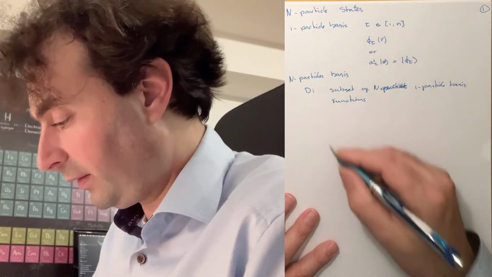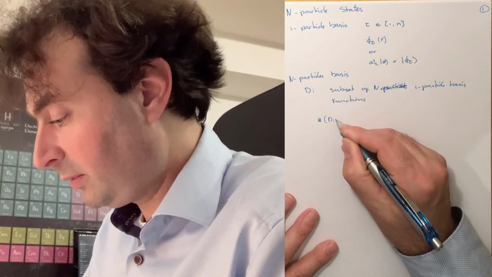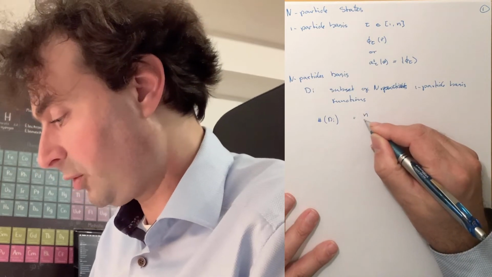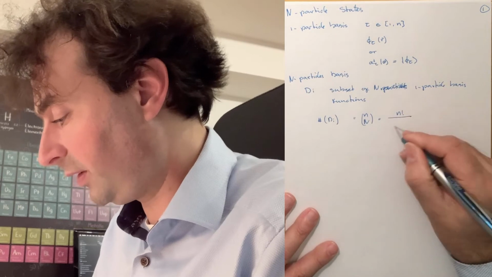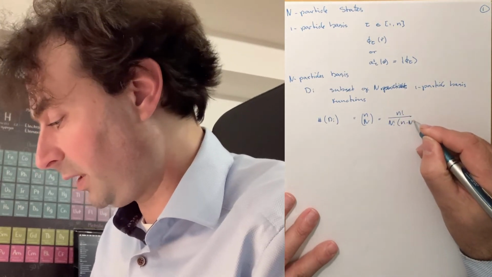So we can calculate the number of possible sets that we can make, and that is given by small n over capital N, or n factorial divided by N factorial times n minus N factorial.